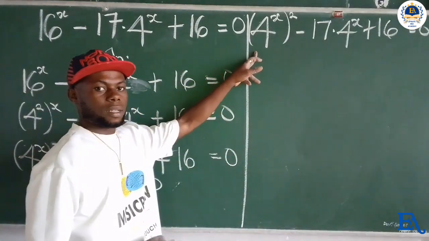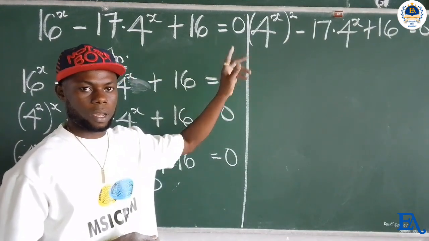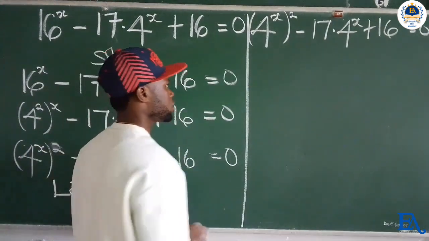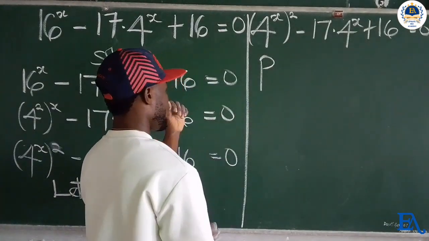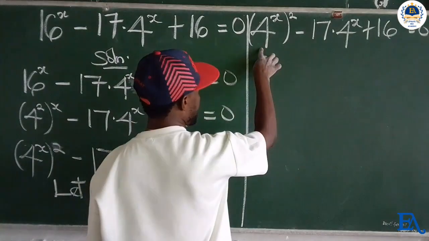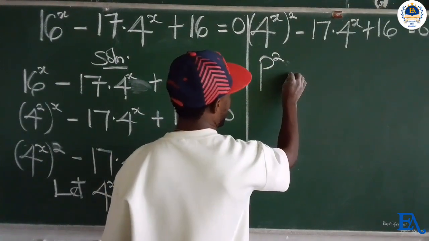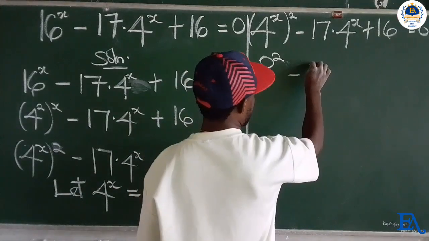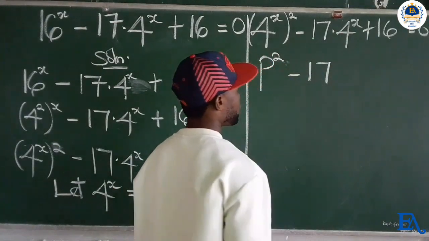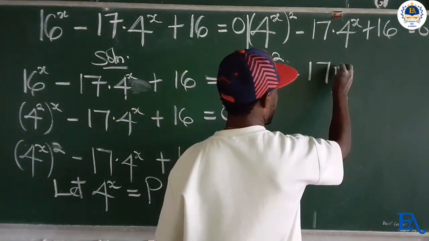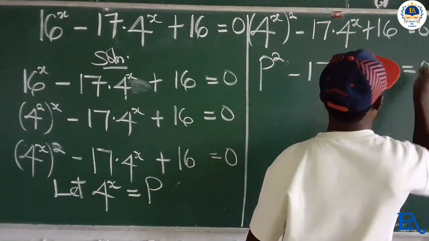We are saying that let P represent 4 raised to the power of x. If that is so, then this becomes P raised to the power of 2 minus 17 times 4 raised to the power of x, which is P, plus 16 is equal to 0.